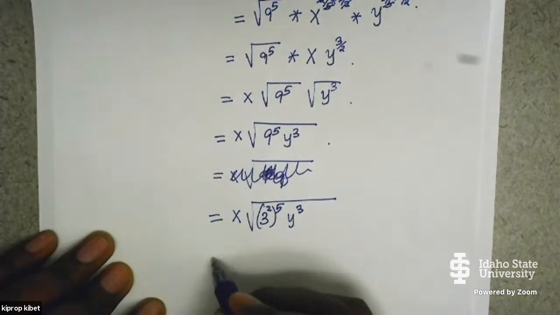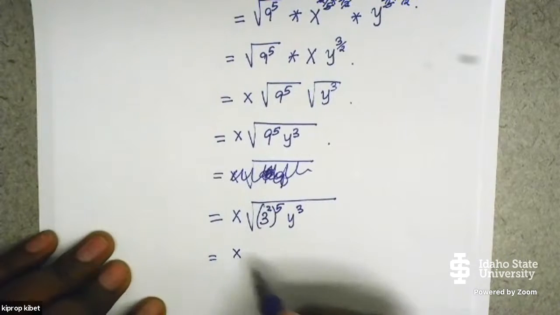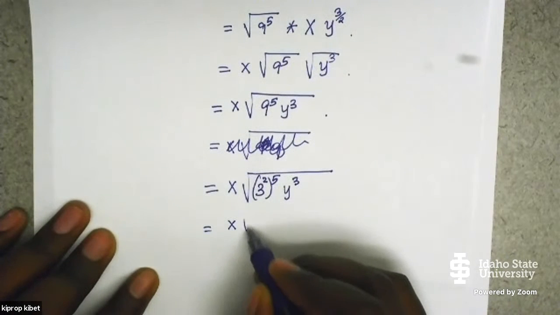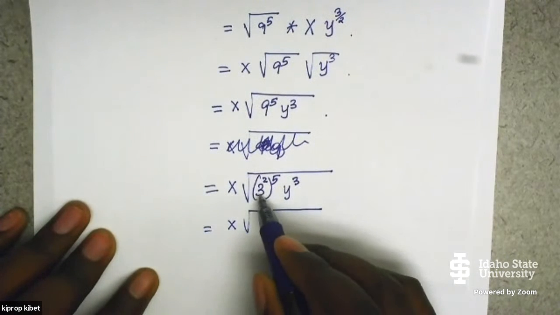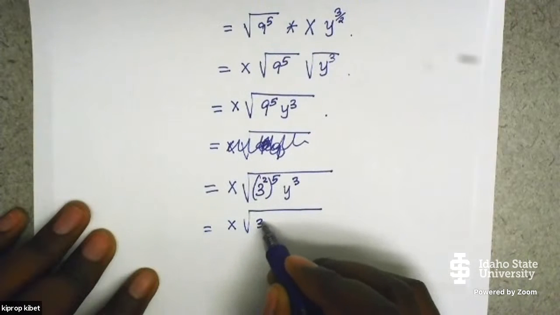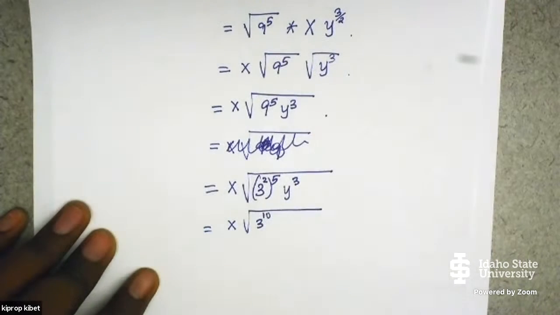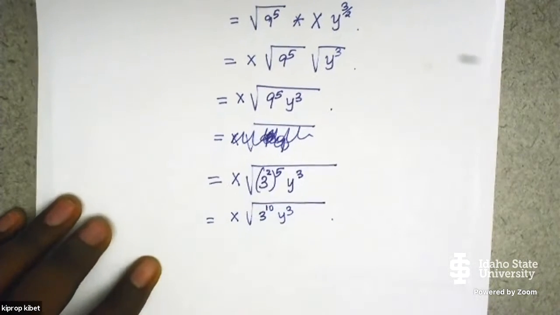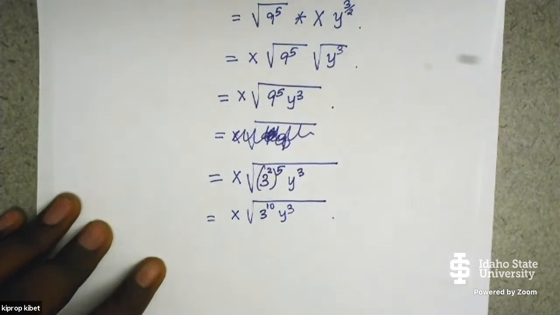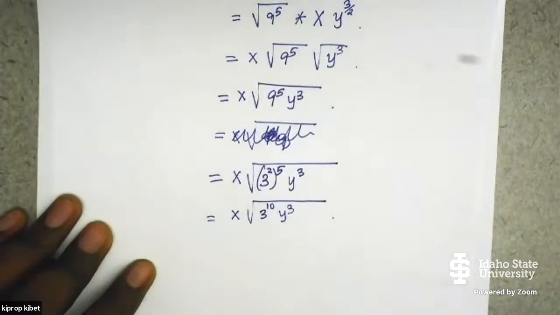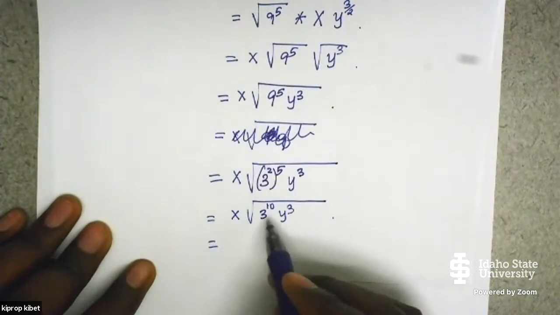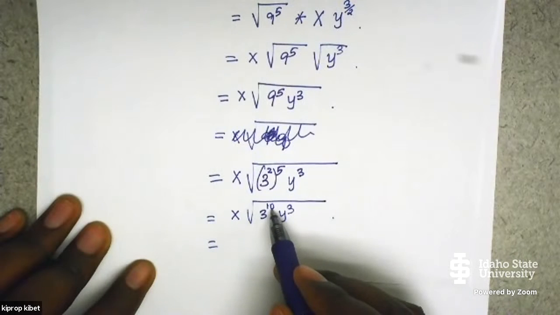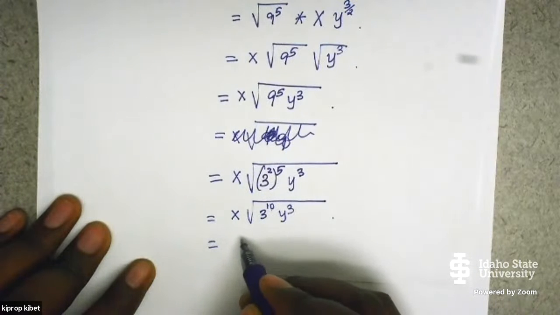So in this case, this is equal to x times the square root of 3 raised to 10, and then y raised to 3. Finally, the square root of 3 raised to 10 is 3 raised to 5.